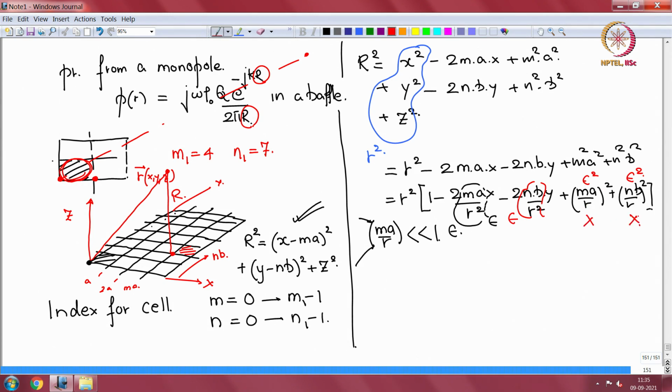So I get R squared, I take the square root, and we get capital R is equal to r into 1 minus m a x over r squared minus n b y over r squared.